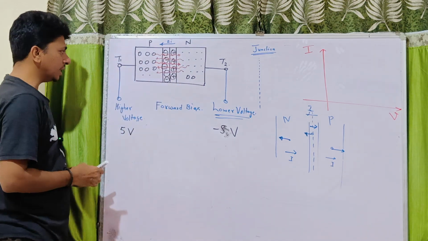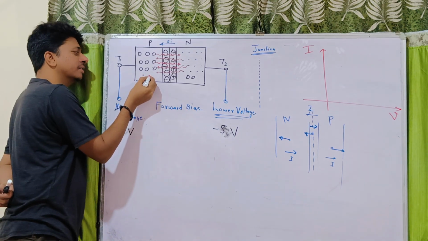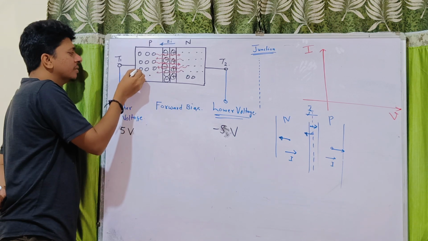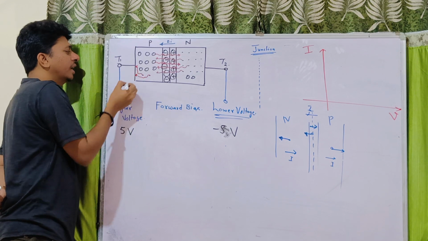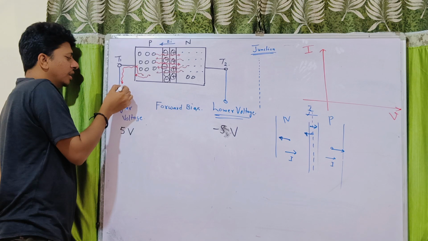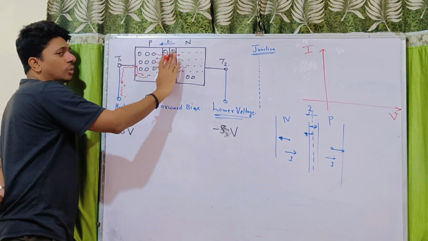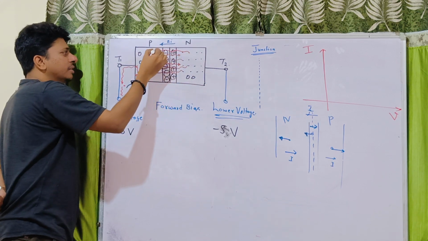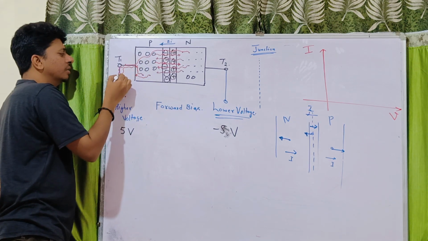But look at this. These are the minority carriers, minority electrons in the N region. They will experience one force. Now this electron will be moving in this direction, and it may come outside. But these holes will go in this direction and an electron from there also comes and joins with the hole, and similarly the electrons will come here.